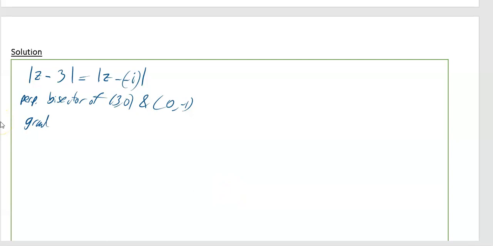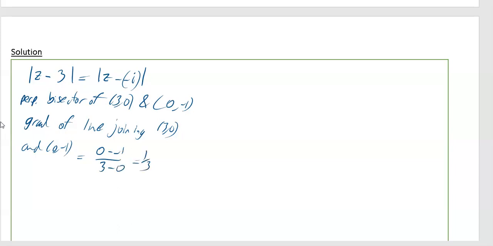So the gradient of the line joining 3, 0 and 0, minus 1 is going to be equal to, so your y difference is going to be 0 minus minus 1 over 3 minus 0, which is just going to be 1/3.